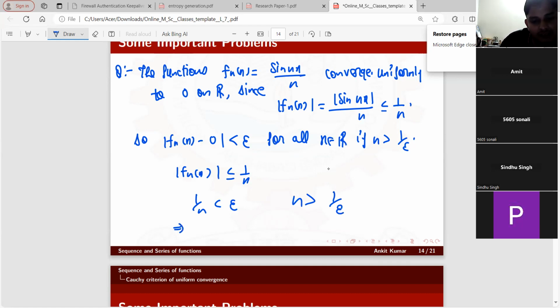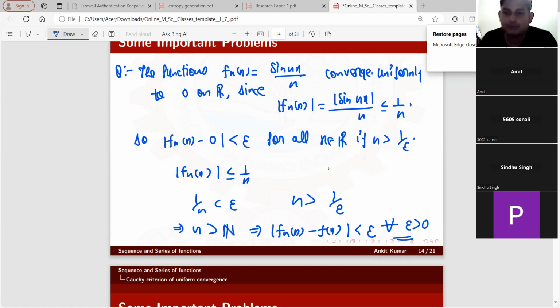So this satisfies the criteria that n greater than M implies |f_n(x) - f(x)| less than epsilon. Okay, so this function satisfies the criteria. That is why this is uniform convergence.